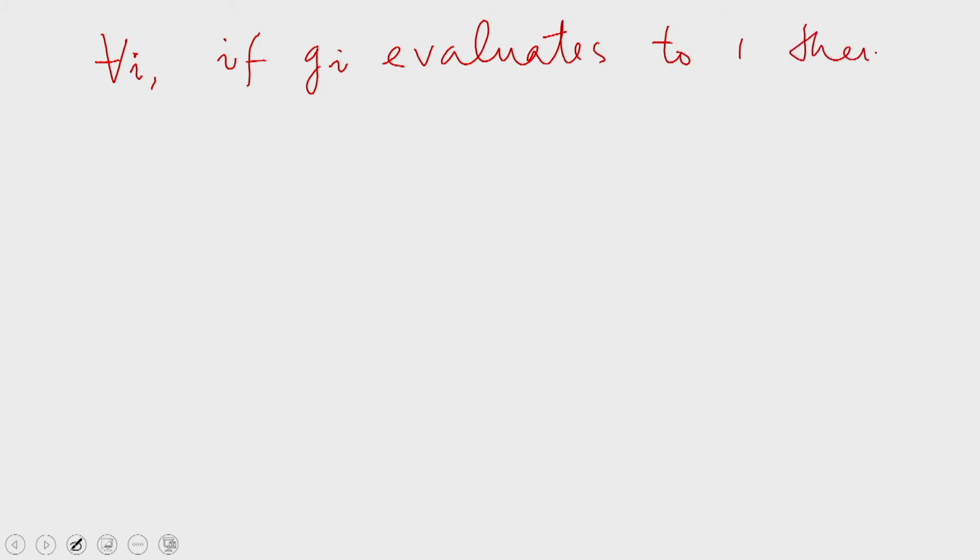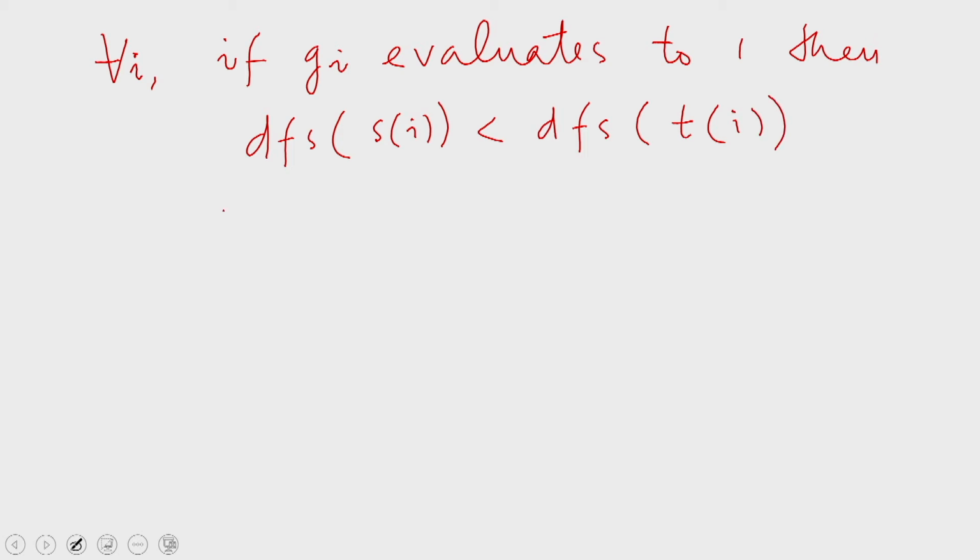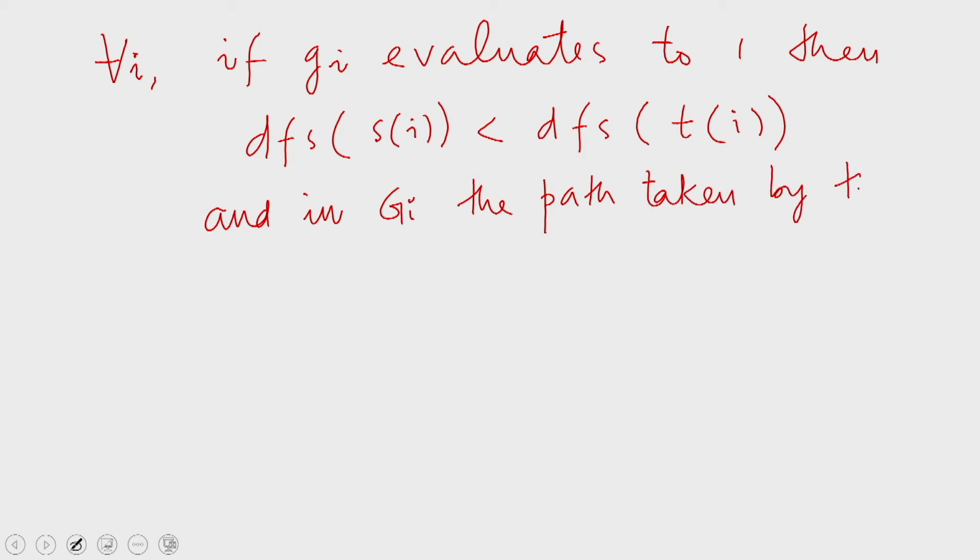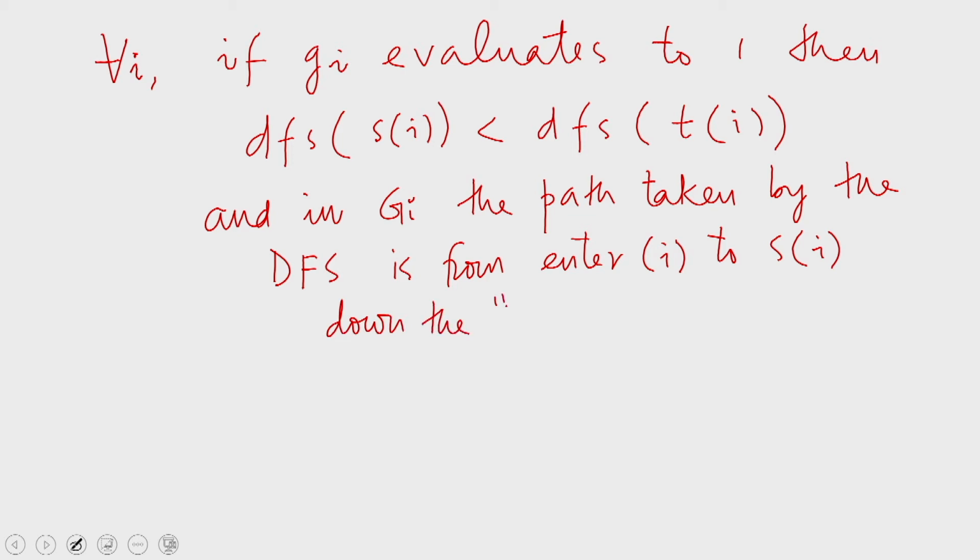We want to claim that for all I, if Gi evaluates to 1, then DFS of S of I is less than DFS of T of I, and in Gi the path taken by the DFS is from enter of I to S of I, down the stairs to T of I to exit of I.